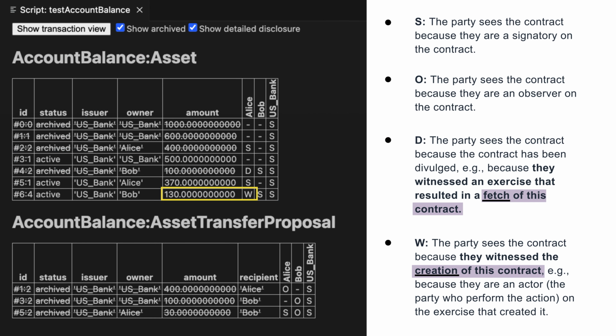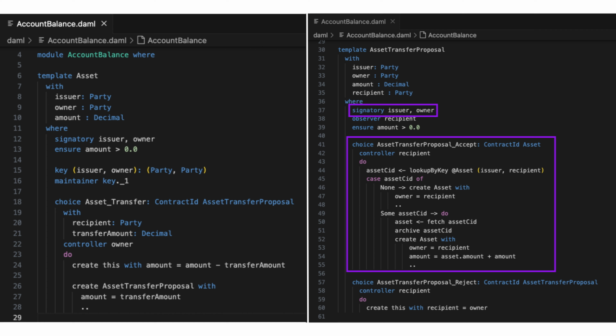On the other hand, the W means a party witnessed the action that created the contract, but they're not a stakeholder of the contract that is created as a result of the action. Therefore, they remain informed as parties who witnessed the contract, hence the W. In other words, Alice can view the accept choice exercised by Bob, since the choice was exercised on the proposal contract where Alice is one of the signatories.